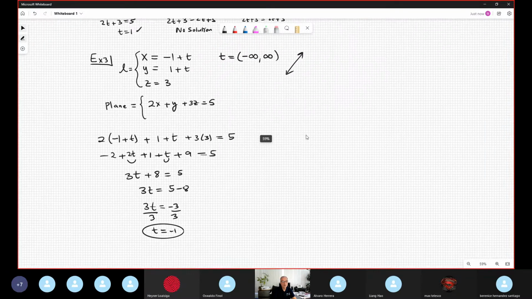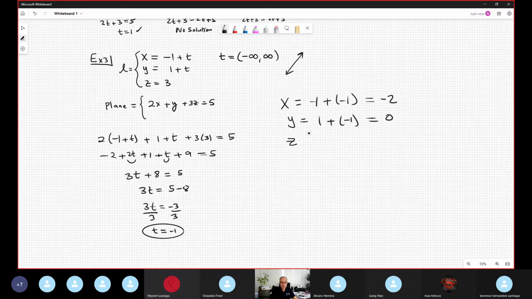Now I want to determine the point in which this line and this plane intersect, touch. But it's super easy. For example, you plug in t equal -1 in the original parametric equation of the line. So x is equal to -1 plus -1, which is -2. y is 1 plus -1, which is 0.